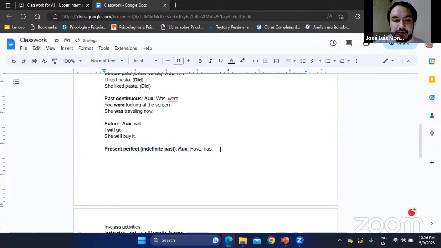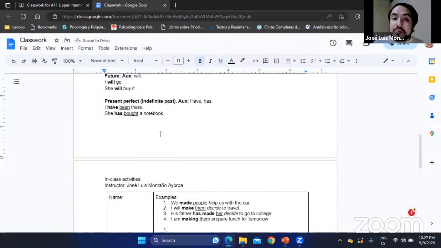So you have, I have been there, and she has bought a notebook, let's say. Again, in both cases, you see the auxiliary that is over there, and you have to be careful with this. These verbs are telling you that these are not verbs, they are auxiliaries.